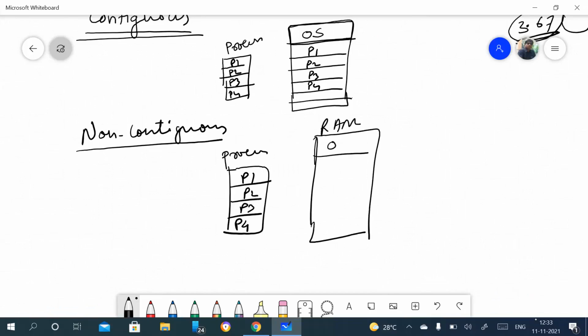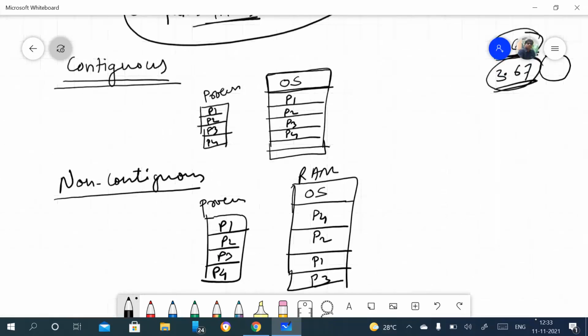The first portion always goes for the operating system, and in non-contiguous, the first process might be P4, then P2, then P1, then P3. This might be the sequence in non-contiguous, whereas in contiguous there is a definite sequence of processes.